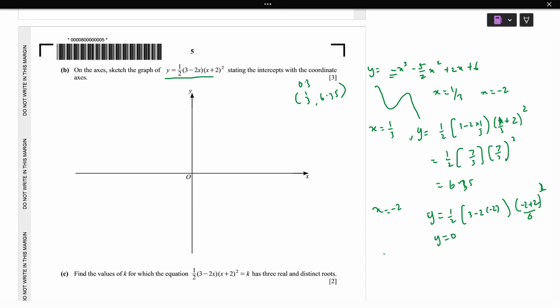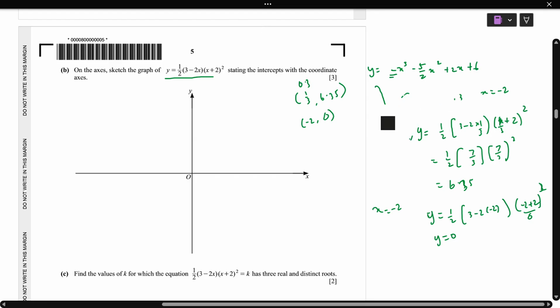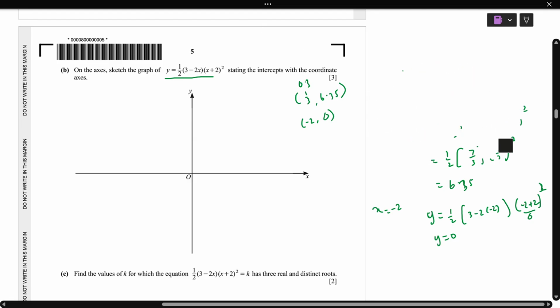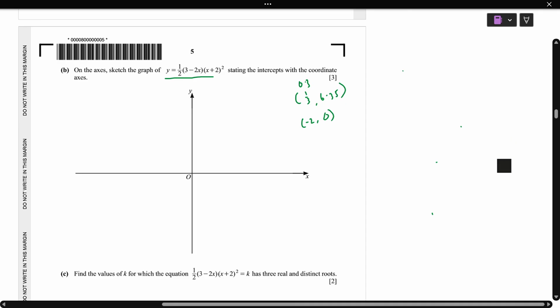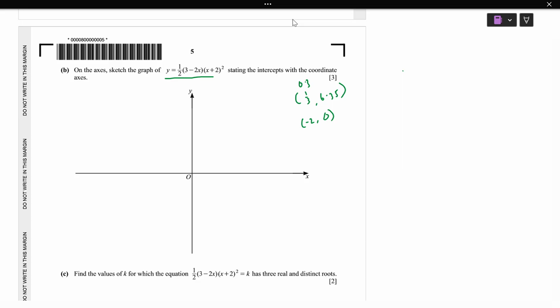So the second coordinate is going to be negative 2 comma 0. Okay, so I'll erase this part here. I got two turning points.